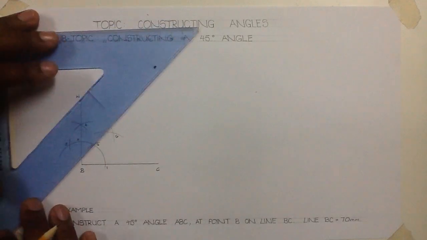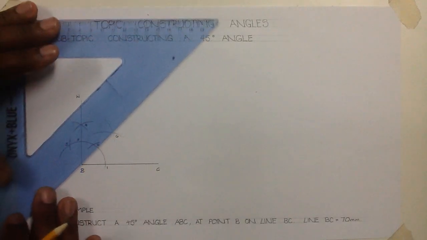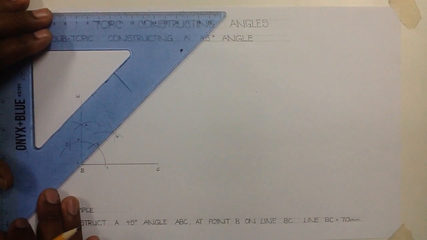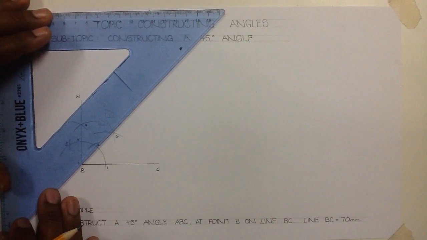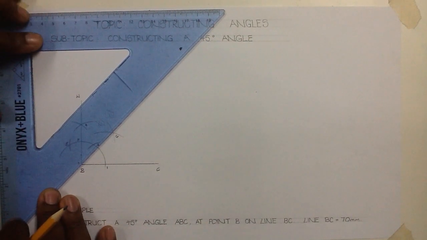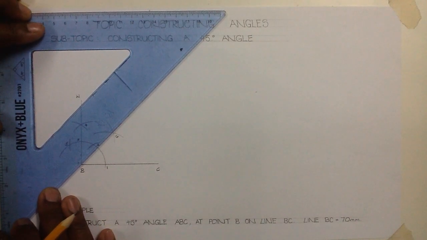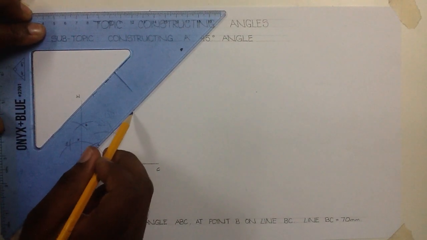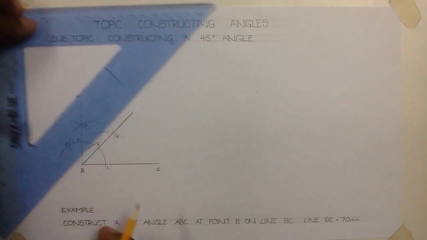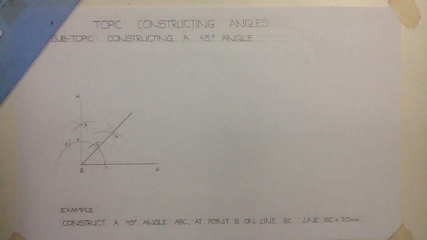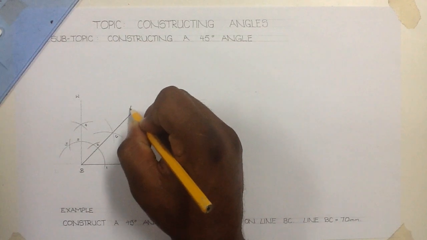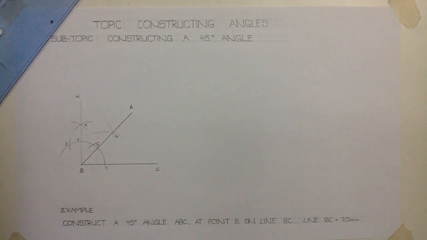We're going to draw a line from point B through point 6. And we are going to label that line A, thus giving us our 45-degree angle ABC.